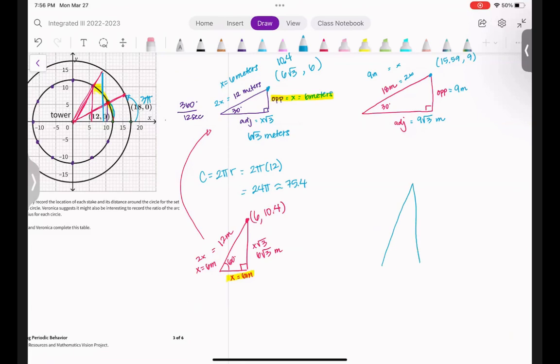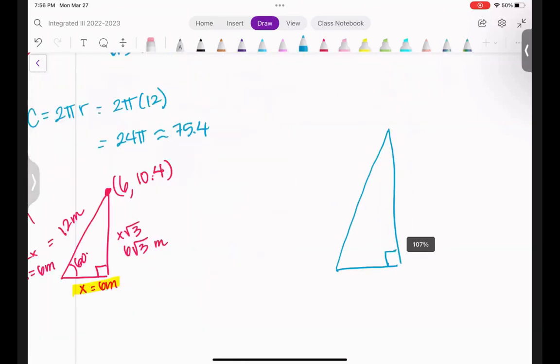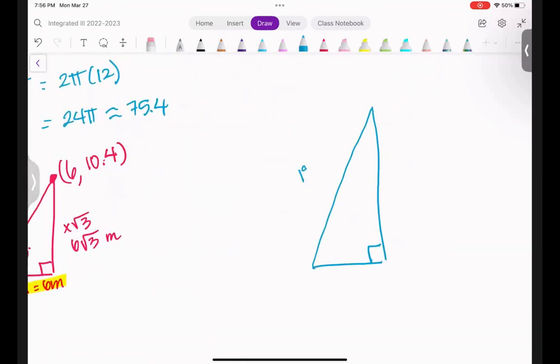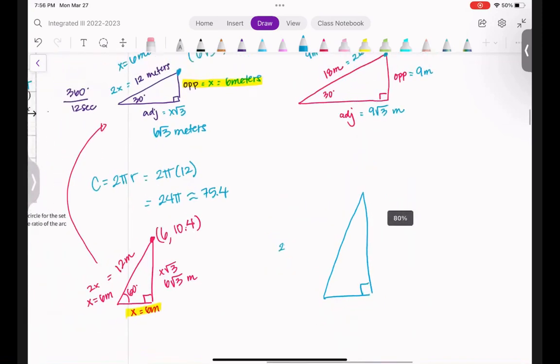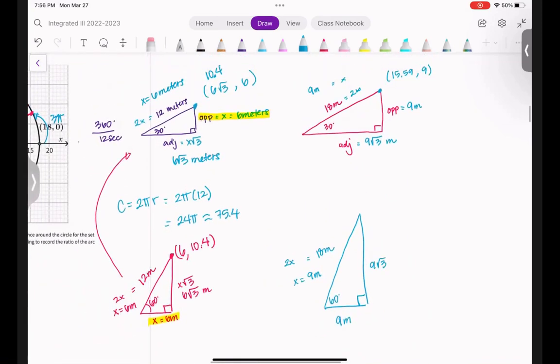So here's Miss Johnson trying to draw this triangle. And you guys all know that this is 18 meters this time. And then this is our 2x side. So x equals 9 meters, which this is, again, 60 degrees. So this is our 9 meters. And this is 9 root 3, which we already know 9 root 3 was 15.59. So our x going this way, this is our x.